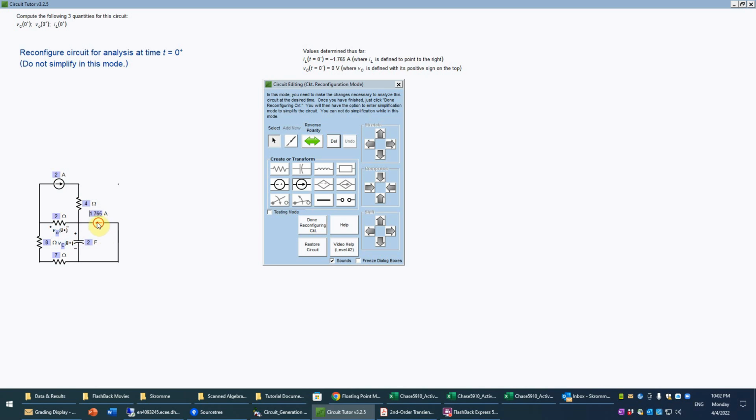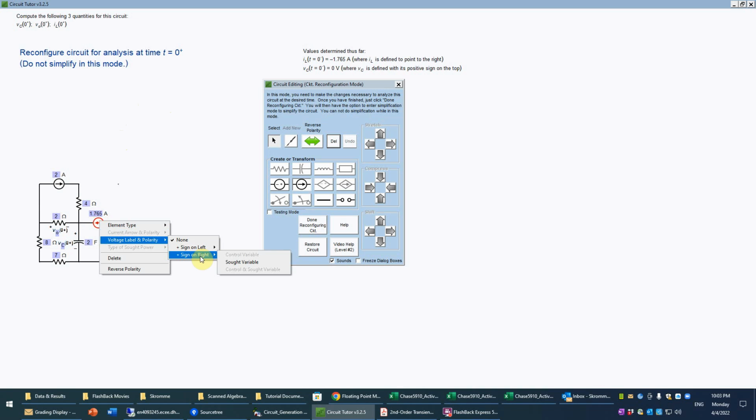Okay, now before I finish with that though, I have to remember that I also need additional SOT variables in a second order circuit. In other words, you're going to have to find the first derivative of this inductor current, and that depends on the inductor voltage, because remember VL equals L diL/dt. So diL/dt is what we're after, so that's going to be VL divided by L. Therefore I have to define a SOT voltage on here, and I'm going to do that with passive sign convention with respect to the direction of that current source.